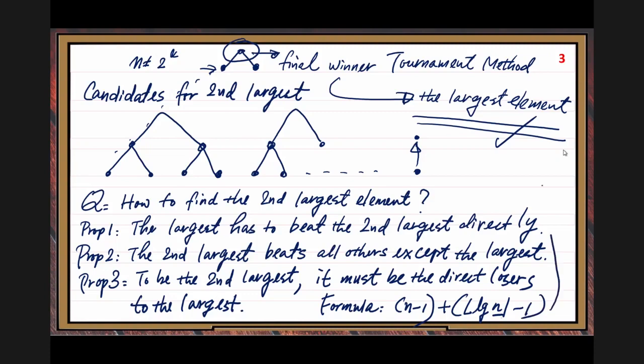Then simplify a little bit, and we get a final formula: n plus floor of log base 2 of n minus 2. So the final formula is this.